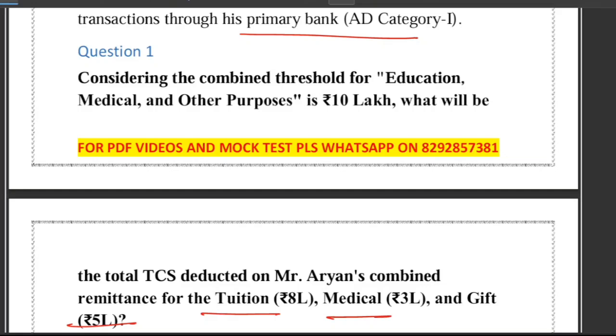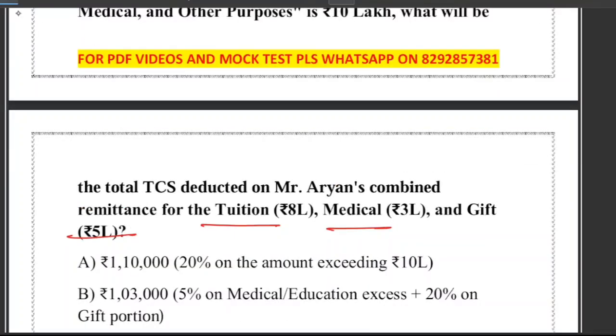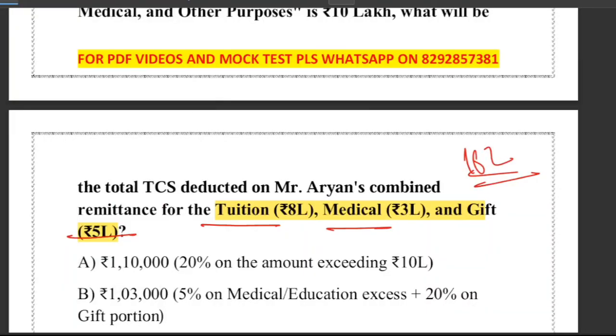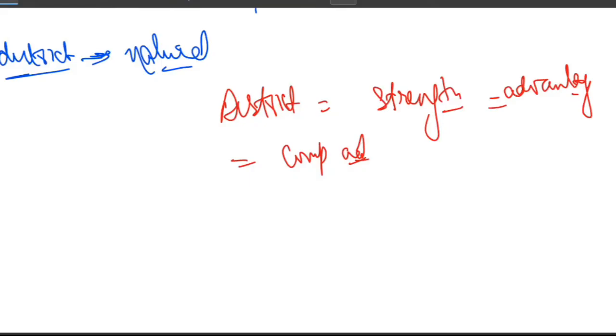So basically there are 3 remittances here. What are the remittances? Tuition fee 8 lakh, medical fee 3 lakh and gift 5 lakh. If you add all of them, total is how much? Total is 16 lakh. So now please apply the 10 lakh threshold.